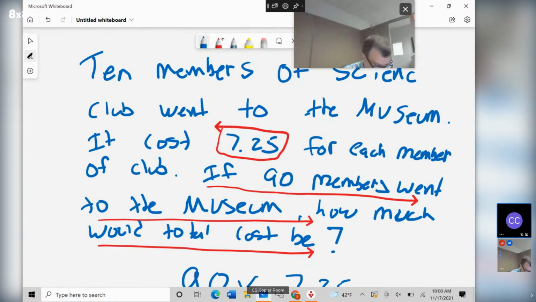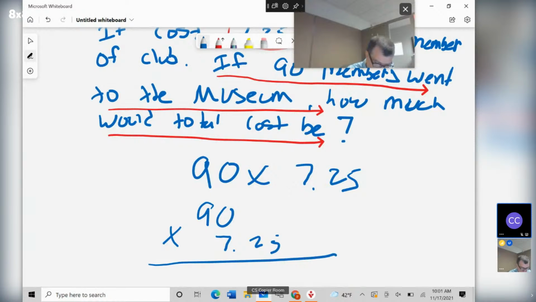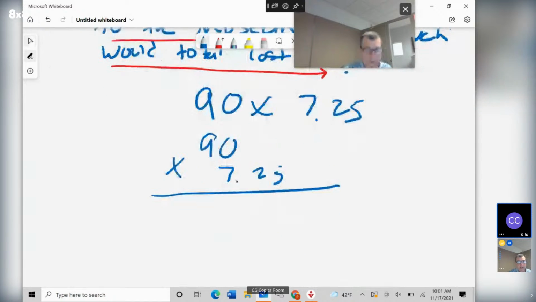Okay, so if we do this, 90 times 7.25. Remember, I was using columns. So you certainly don't have to do that. But we're going to have 5 times 0 is 0. 5 times 9 is 45.